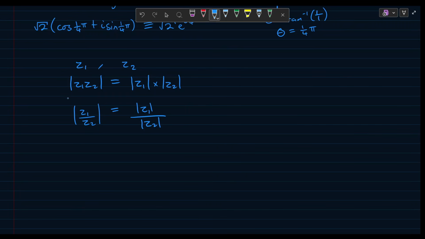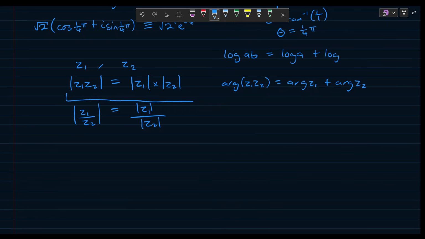And for argument, for the case where they are multiplying, the argument of z1 z2 would be equal to the argument of z1 plus the argument of z2. So this is similar to that law of logarithms that says log AB is equal to log A plus log B. In fact, your arguments behave similarly to logarithms.